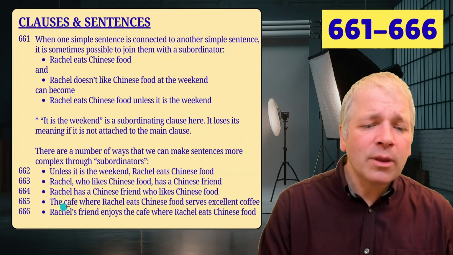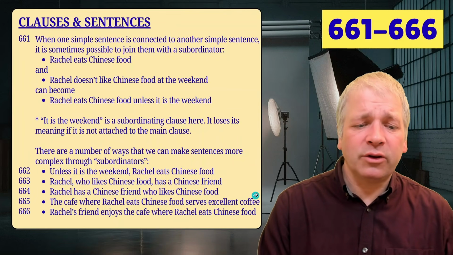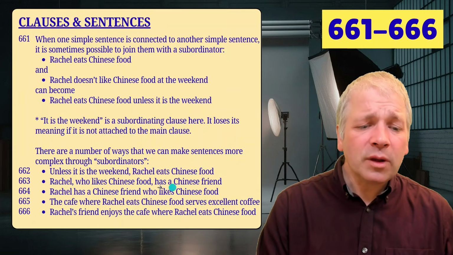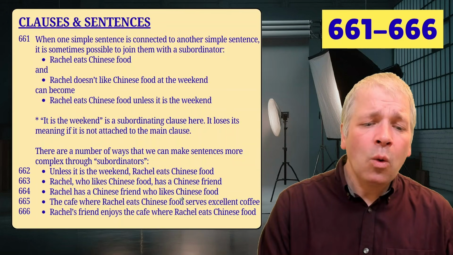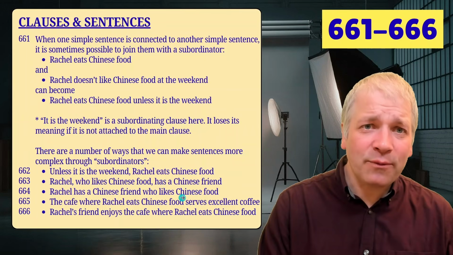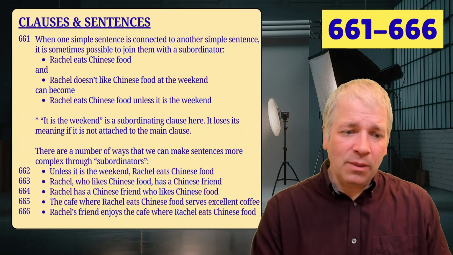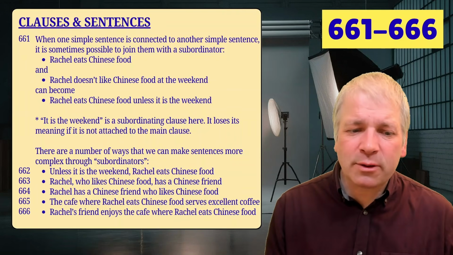The cafe where Rachel eats Chinese food serves excellent coffee. So here we have the inserted clause in the middle, the cafe where Rachel eats food, and this together creates a noun phrase with a clause in the middle. The cafe. Well, what is it about the cafe that's special?